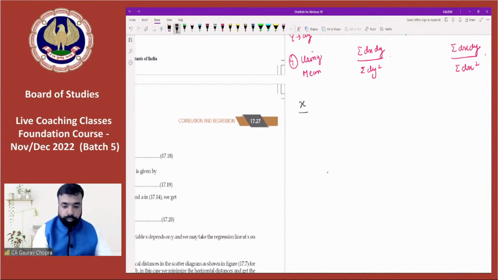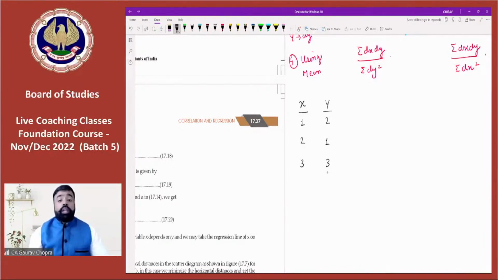X and then y. The values of x we can take 1, 2 and 3. The values of y we can take 2, 1 and 3. Okay, these are the values. Now first of all, we have to find the regression coefficients, that is bxy and byx.